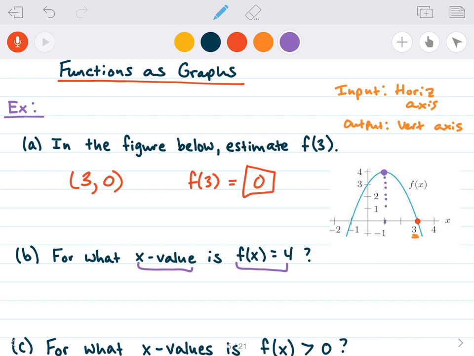And so it looks like the x value is at 1. So this is 1, 2, 3, 4, and so forth. So our x value is going to be 1. When x is 1, y is 4.